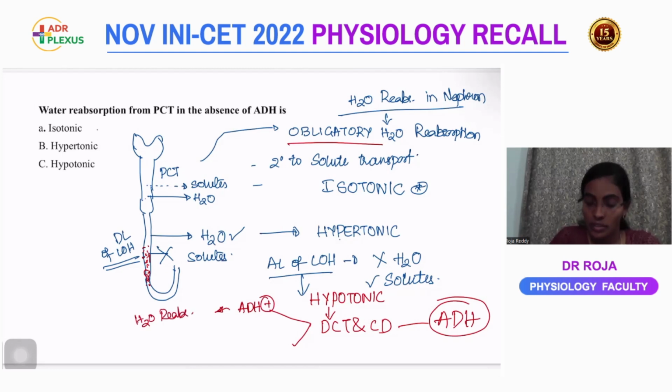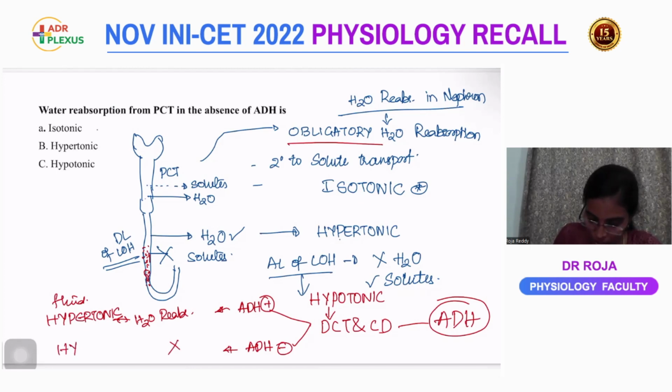If water is reabsorbed, the tubular fluid will be hypertonic. And if the ADH is absent, water reabsorption will not be there and the tubular fluid will become hypotonic and increased in volume.